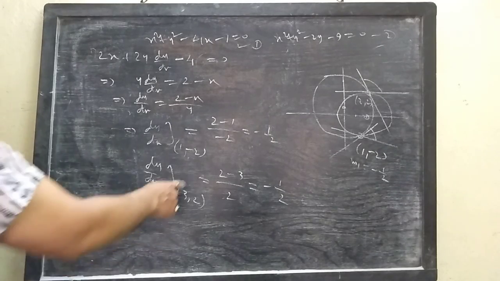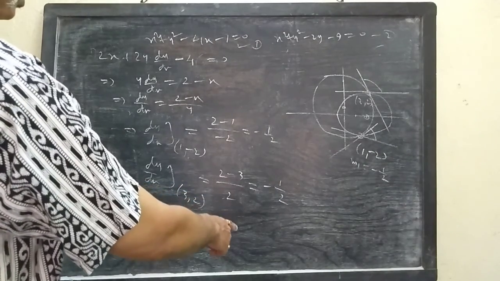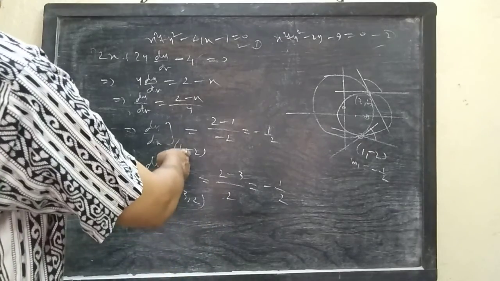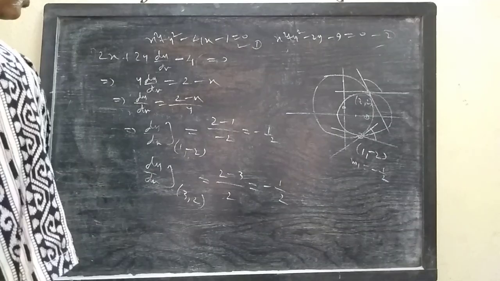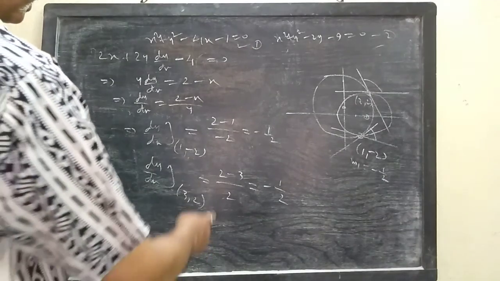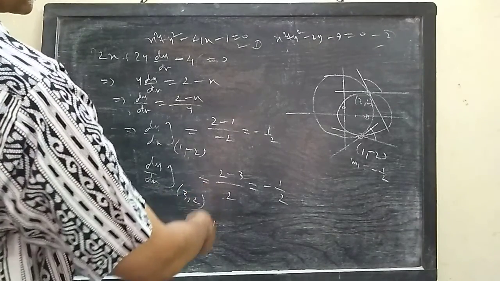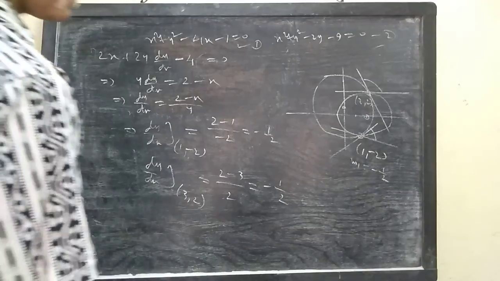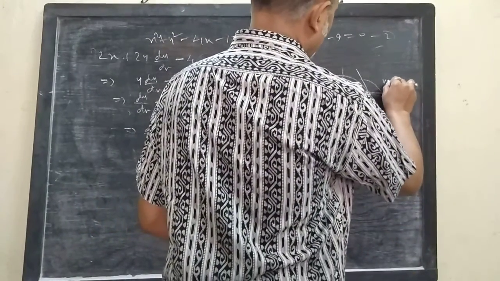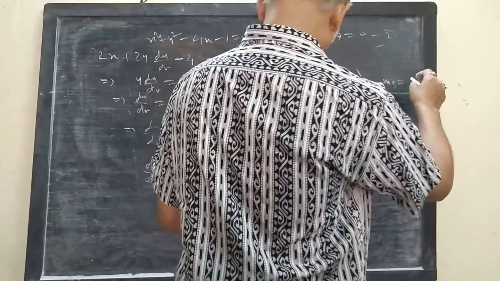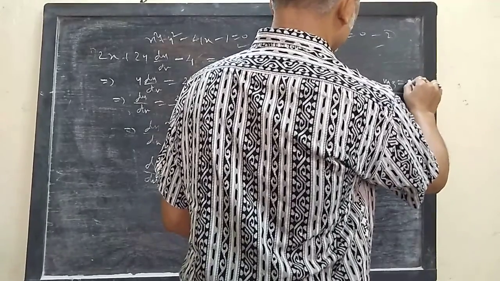At 1 comma minus 2, 2 minus 1 by minus 2, so minus half. At 3 comma 2, 2 minus 3 by 2, minus half. Okay. Here we get m3 equals to say minus half.